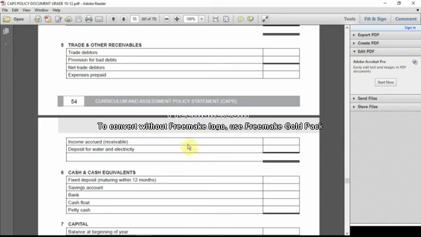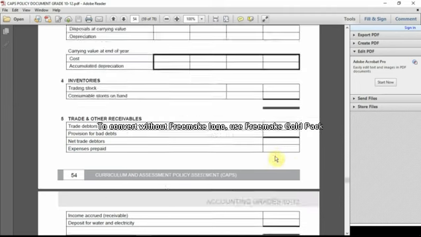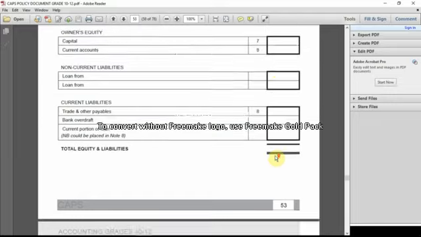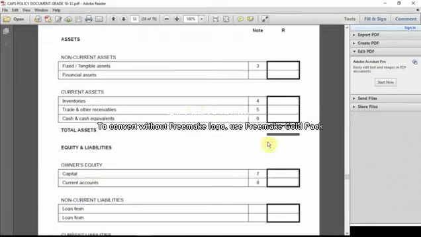So it is still owed to us, therefore it's again an asset. And then if you have deposits, it's also part of trade and other receivables. An example is for water and electricity. So we add to the net trade debtors all these adjustments, we get the total, and we transfer it again to the face, to trade and other receivables.